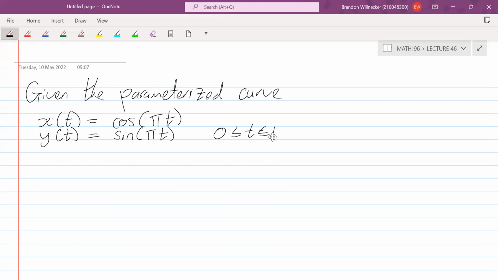Okay, so we've got this parameterized curve. We want to find the length from t equals 0 to t equals 1.